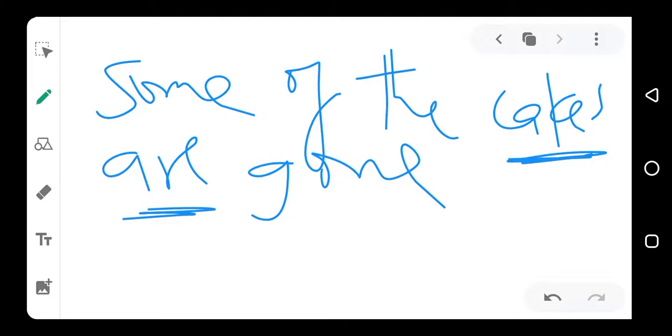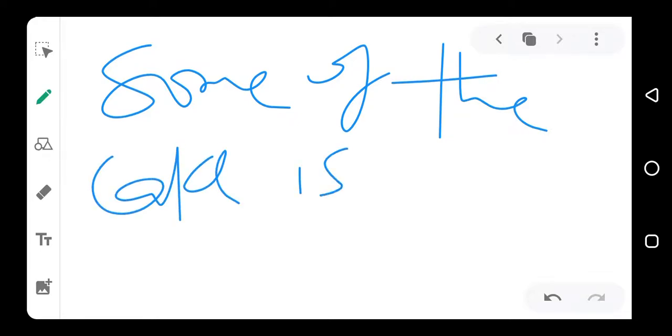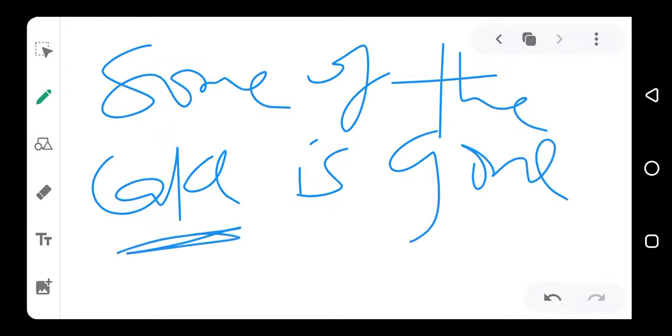But some of the cake is gone. Here, the subject is singular, so it takes a singular verb.